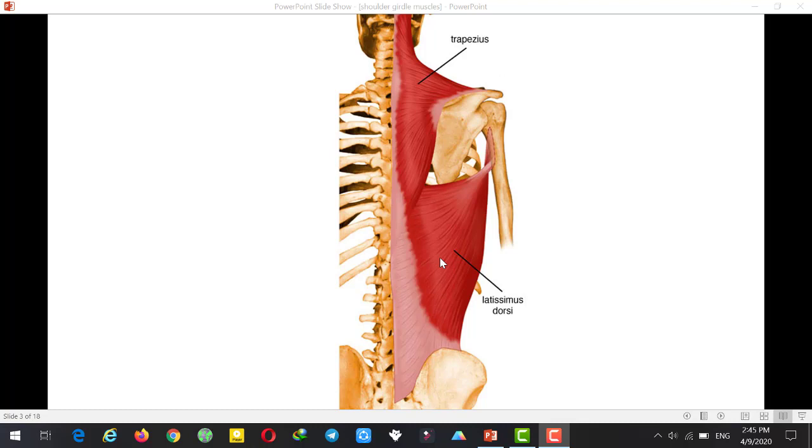Nerve supply of the latissimus dorsi is thoracodorsal, and nerve supply to trapezius is the spinal part of the accessory nerve. Accessory nerve is cranial nerve 11.